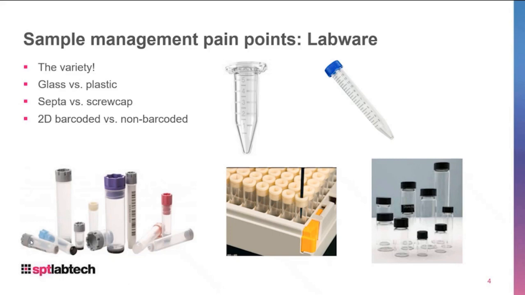That makes a lot of sense for most companies, but as processes scale, it's very important to take a step back and remember, as you scale, as you look to automation, what types of things are a little bit more automation friendly, like barcoding. 2D barcoding on the bottom of the screw cap tube is becoming the standard for automation all across the board. And really, it's important to try to expand consciously as you standardize workflows.